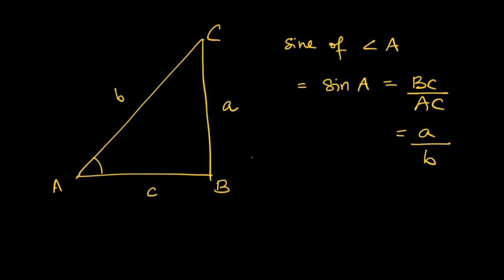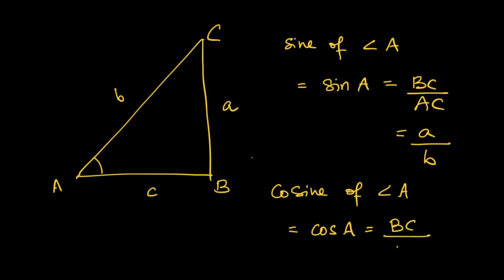Similarly, the next trigonometric ratio is cosine of angle A, written as cos A, and this is nothing but the ratio of the side adjacent to angle A divided by hypotenuse, which is AB by AC, or c by b.